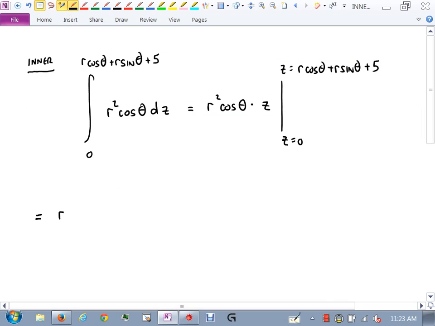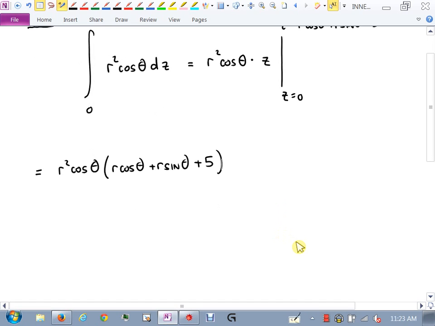So we have r squared cosine theta times r cosine theta plus r sine theta plus 5, and that's it, right? I subtract, I plugged in 0, it's gone, so I don't need that. And now I'm going to distribute through here.